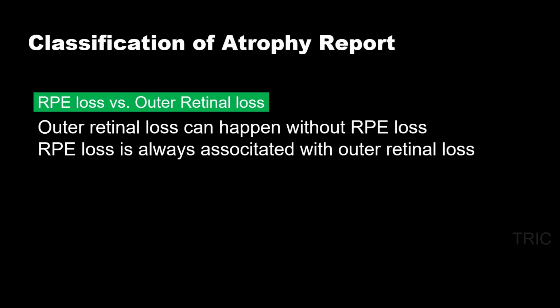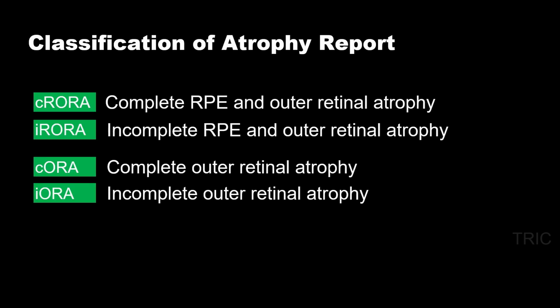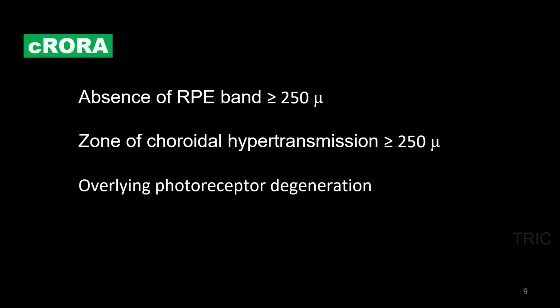CAM classified macular atrophy in dry AMD into four varieties: cRORA or complete RPE and outer retinal atrophy, iRORA or incomplete RPE and outer retinal atrophy, cORA or complete outer retinal atrophy and iORA or incomplete outer retinal atrophy. cRORA is defined as following three OCT criteria: a loss of RPE extending at least 250 micron, along with an increased choroidal hypertransmission of same extent and overlying photoreceptor degeneration.